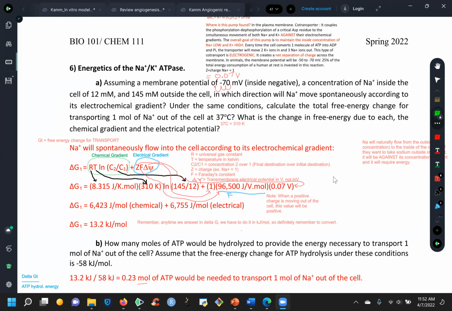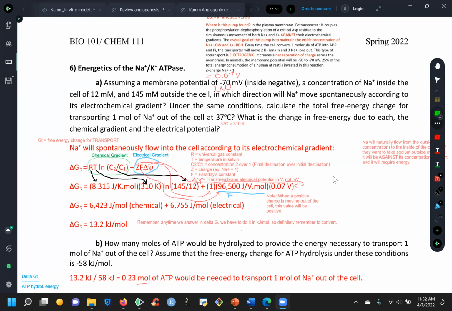But here, they're telling us you're going to transport sodium. Sodium has a charge. So that automatically tells us we are going to need to add both, and that's going to give us our free energy of transport.